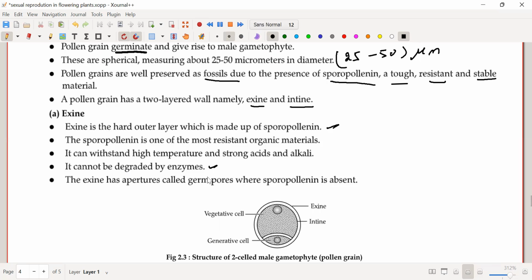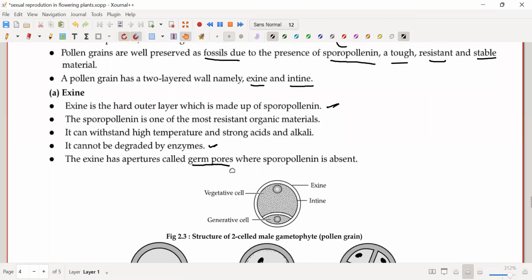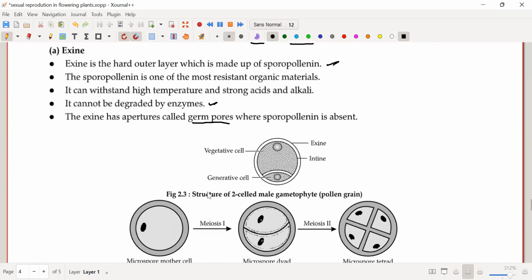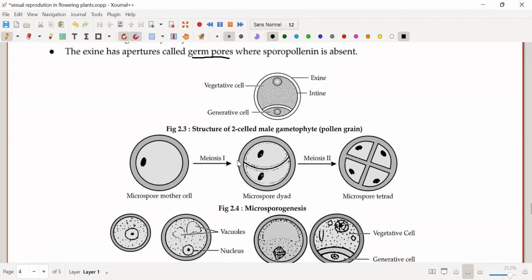The exine has apertures called germ pores, where sporopollenin is absent. From that germ pore only, the pollen tube arises. Right? So this is what happens inside the pollen. It has the structure of a two-cell male gamete.